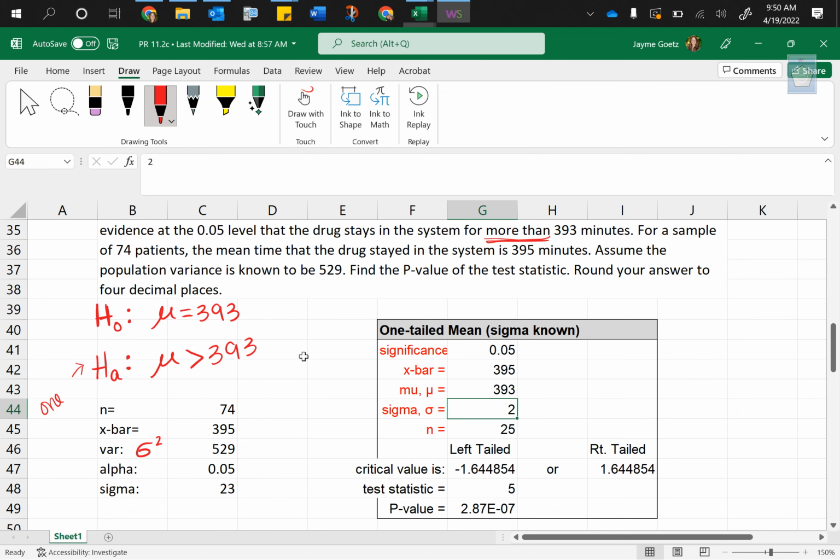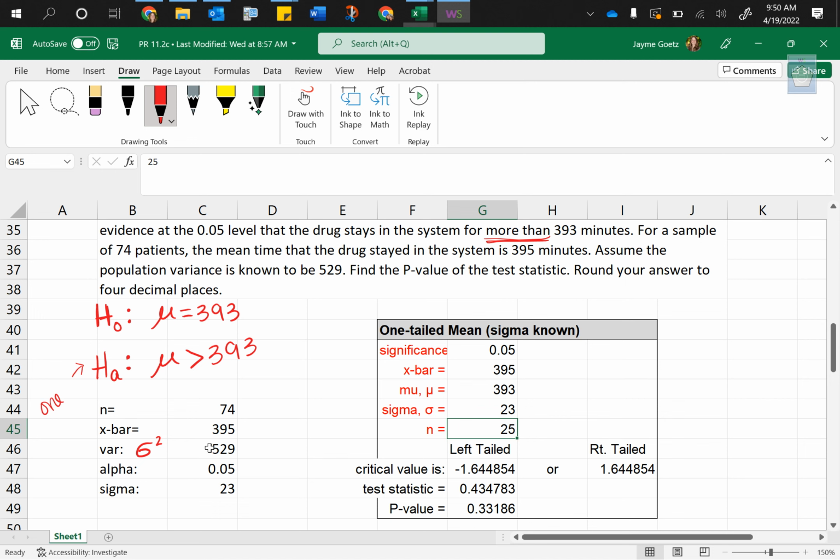But sometimes, and you're going to see this on your homework, you're not going to get a really nice number. Maybe they said the variance is 530 instead of 529, which means it's going to be a gross decimal. So if you want, you can put equals the square root of 529 right in there, and it will give you the exact. So if it turns out to be like 23.121 or a really long decimal, you can have it right in there by just doing that formula.